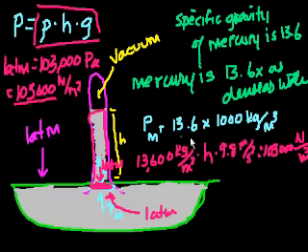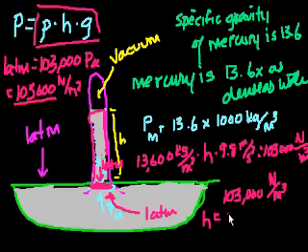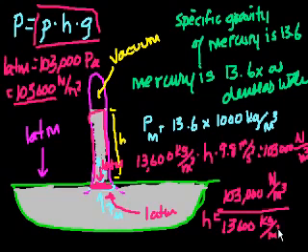So let's see. If we divide both sides, well, we could just do all of the math. So if we divide both sides by 13,600 times 9.8, we get the height is equal to 103,000 newtons per meter squared over 13,600 kilograms per meter cubed times 9.8 meters per second squared.